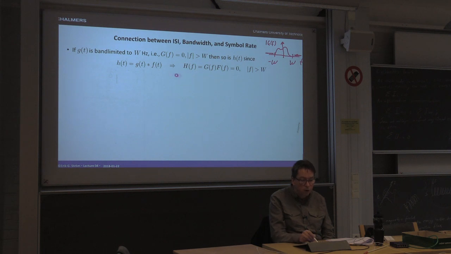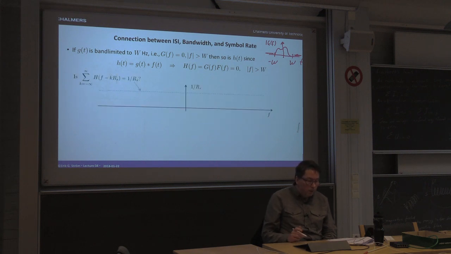It's a little bit unfortunate here that it's capital F and small f and so forth, but I'm sure you understand that there is a difference between this f and this f. Anyways, we have here that H of f is G times capital F. And since G is 0 outside the frequency range from negative W to W, then so must H be. So h is also band limited to the same bandwidth as g.